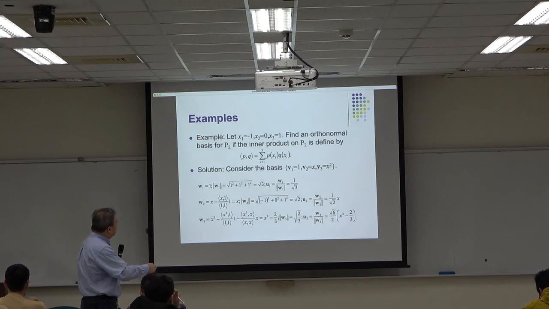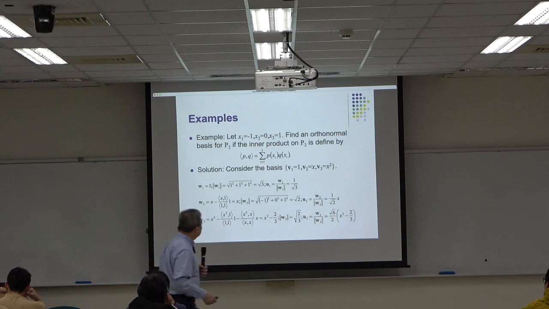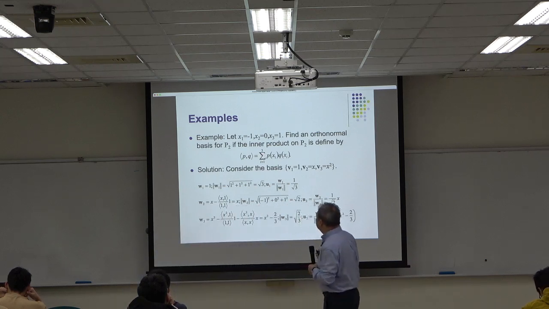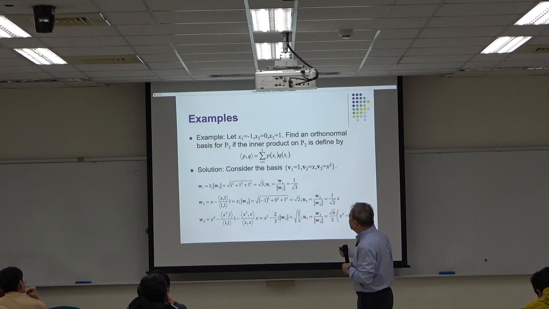This one is pretty simple: you just multiply p(xi) and q(xi), and add them together. This is very simple because we have x1 like this, x2 like this, x3 like this.